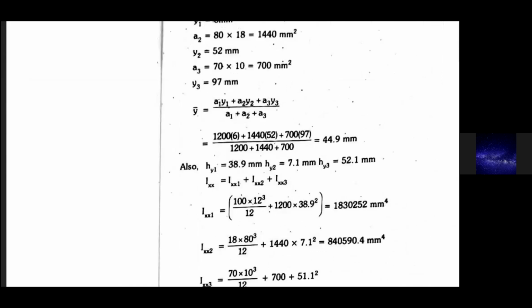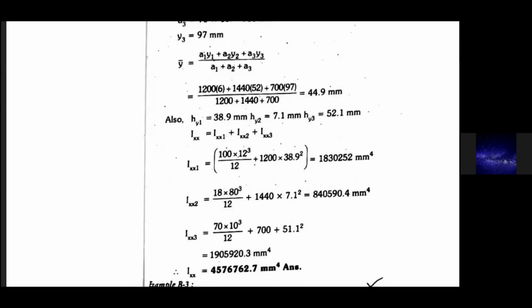So Ixx is equal to Ixx1 plus Ixx2 plus Ixx3. Ixx1 is equal to b1 d1 cube by 12 plus a1 hy1 square. Substitute the values, that is 100 into 12 cube by 12 plus 1200 into 38.9 square. Simplify, calculate that value. Similarly, Ixx2 is equal to b2 d2 cube by 12 plus a2 hy2 square.